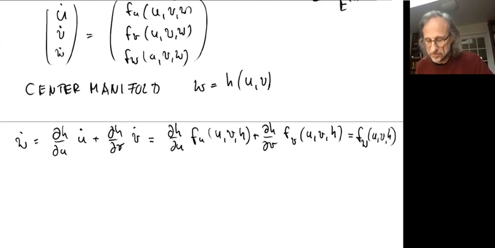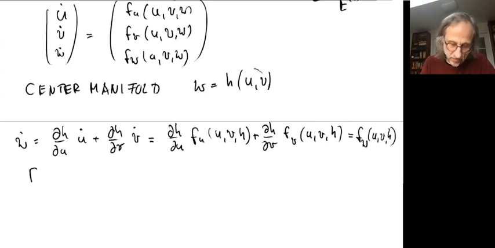Again, we have the condition that the center manifold is tangential to the center eigenspace, which means that this W is strictly nonlinear, meaning at U and V equals 0, it goes through 0. Excuse me. And its first derivatives with respect to U and V are also 0. And so we do our standard expansion in the coordinates.